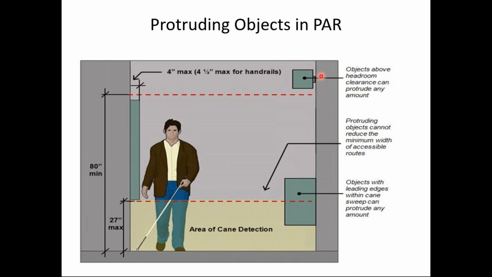It's more than 4 inches, but it's higher than 80 inches. So most of us would be able to walk under that. This might be a pole-mounted signal controller box, but notice much of it here is lower than 27 inches, so that would be detected by the cane. And I should note this requirement applies over the full width of the walkway, not just 4 or 5 feet. This applies over the full width of the walkway.